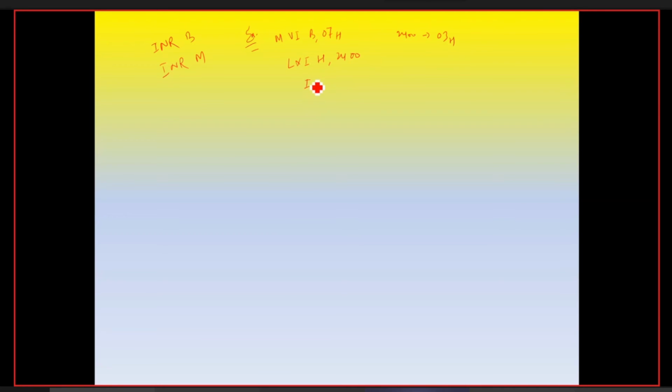Then INR B, INR M, then halt. Now tell me the value of H, value of L, value of B and the value at location 2400 after execution of these instructions.